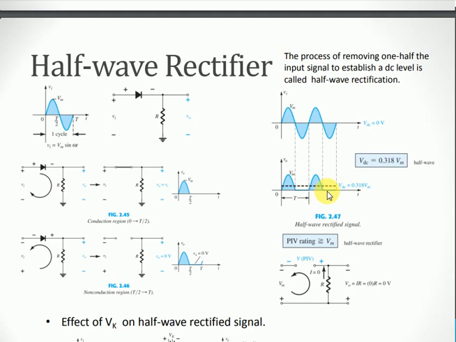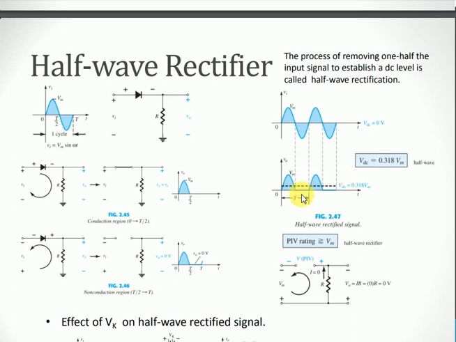VDC is simply the output voltage. When we want to calculate VDC, the formula is 0.318 Vmax. This is for half wave rectification: VDC is equal to 0.318 Vmax.